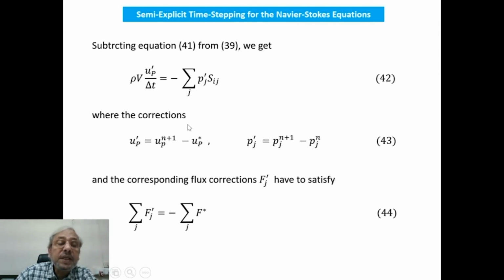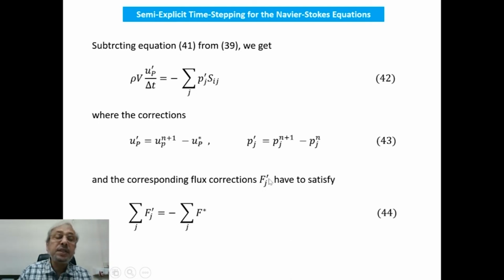Where the corrections are, exactly what I said, we can call it velocity correction, and we can call this pressure correction. So up prime is up n plus 1 minus up star, and p prime is p n plus 1 minus pn. Pj prime is p n plus 1 j minus pnj. And the corresponding flux corrections.